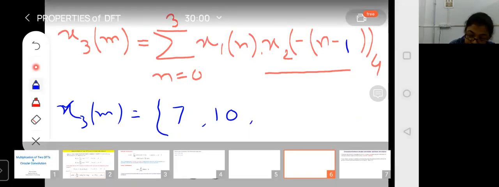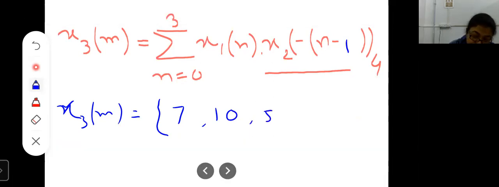But for the next two, if you calculate in the same way by putting m equals to 2 and m equals to 3, you will get the answer. So the answer is 7, 10, 5, 8.